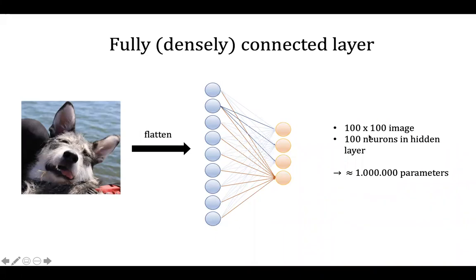It's not a high resolution image, it's still low resolution. And then we have, for example, 100 neurons in the hidden layer. Then you already have about 1 million connection parameters. So these kinds of networks are not really scalable, and it's difficult to train them when they are really deep.